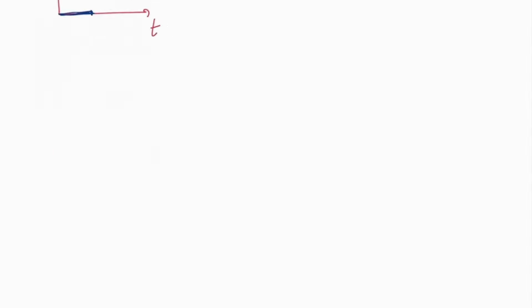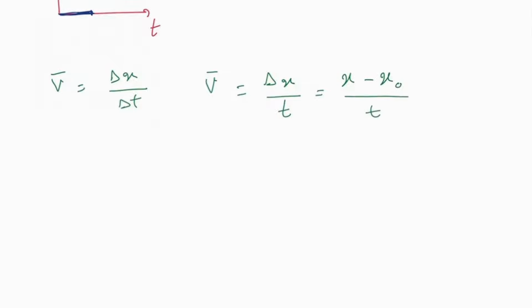From the equation average v equal to del x over del t, we can arrive at a new equation. First, we use the simplification explained earlier to arrive at v equal to del x over t, or x minus x0 over t.